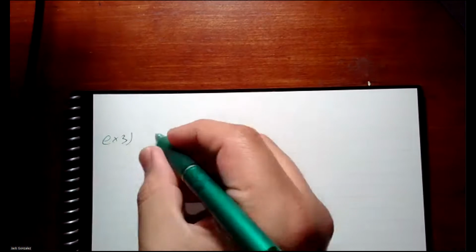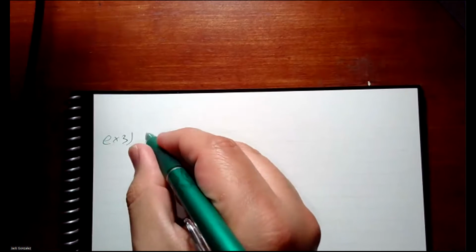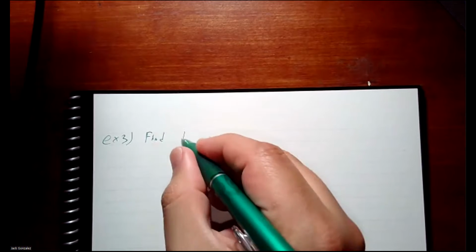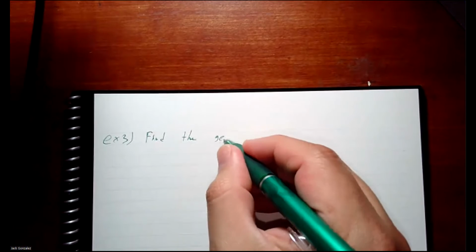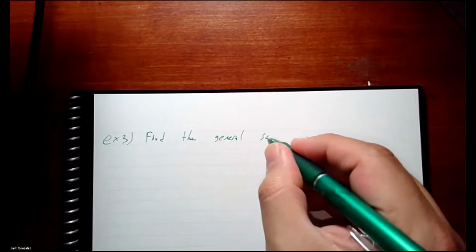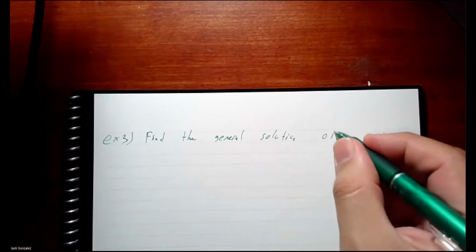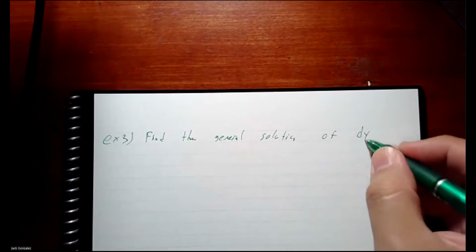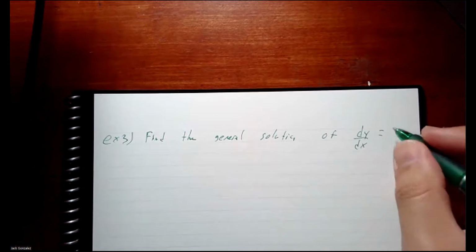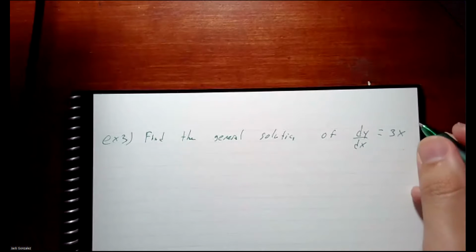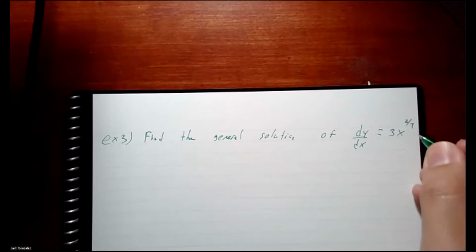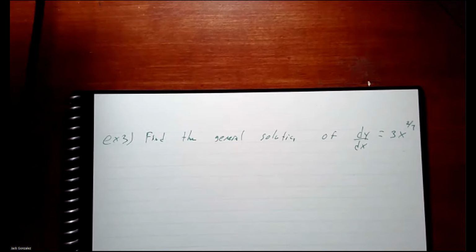Now in the homework, when they ask you to find the general solution of dy/dx equal to 3x to the 2/7, well, basically, they want you to find y as a function of x.